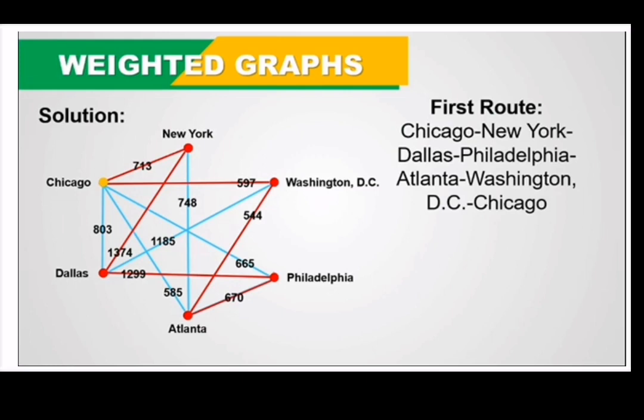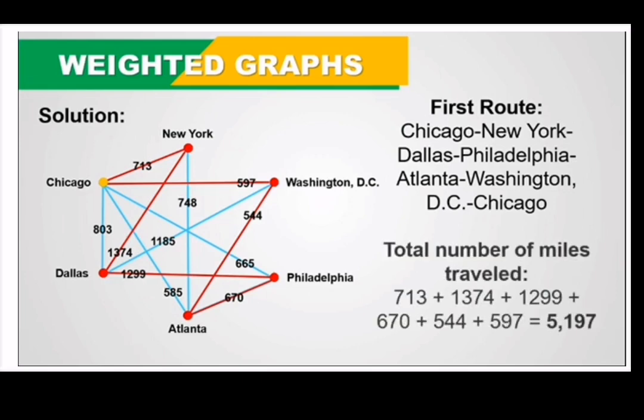Now, let's find the total number of miles traveled by simply adding the corresponding weights of each edge. From Chicago to New York, we have 713. From New York to Dallas, that is 1,374. From Dallas to Philadelphia, that is 1,299. From Philadelphia to Atlanta, that is 670.